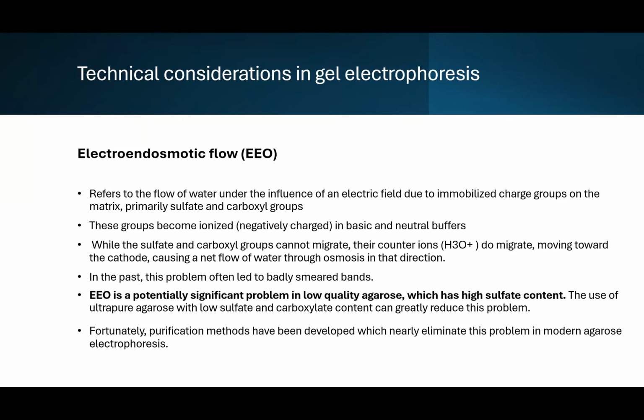And sulfate and carboxyl groups, they become ionized and negatively charged in basic and neutral buffer. And because these groups are fixed to the gels, they cannot move, right? But their counter ions, which is H3O+, move towards the cathode. So basically, this causes the flow of water towards the cathode, which affects protein migration.